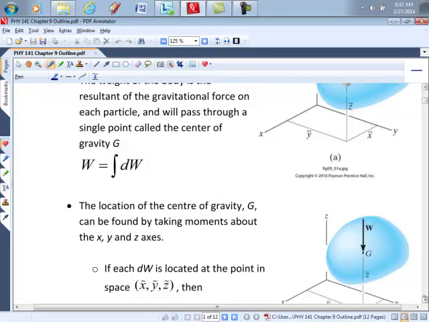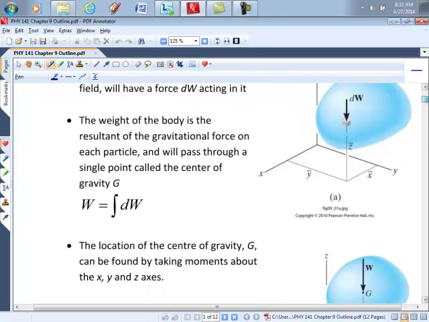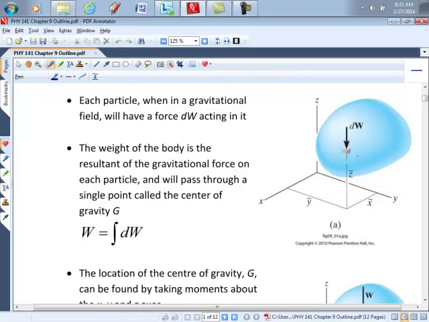After we've taken the moments about the x and y axes, the equivalent moment would be achieved by placing this force at the point G. Each of the individual dWs, going back up to here, would be at a value x tilde along the x-axis. This little curly mark on the top is called a tilde.